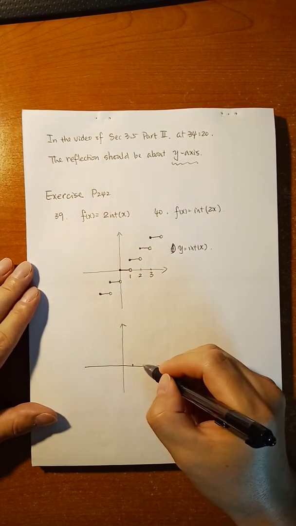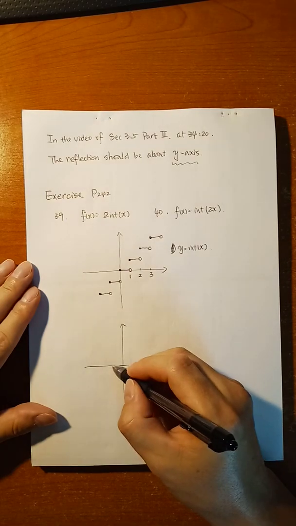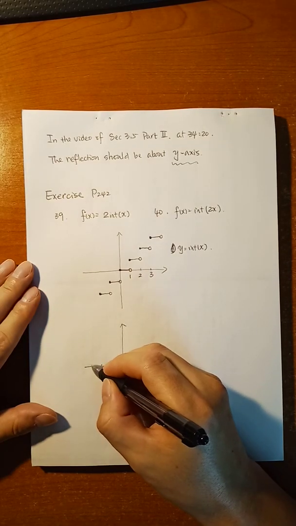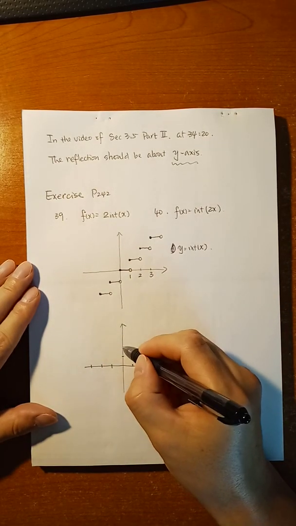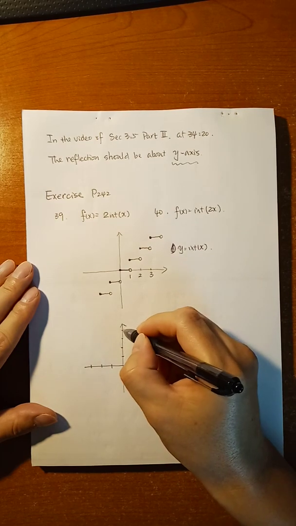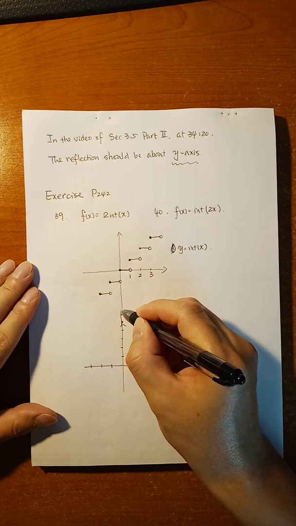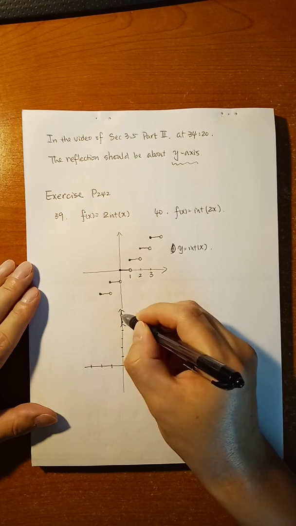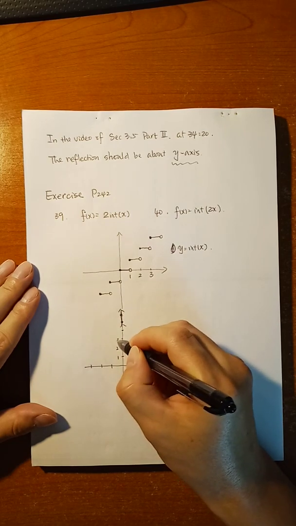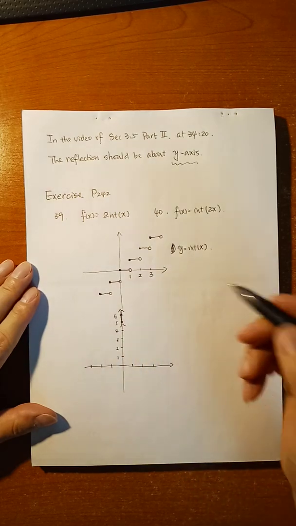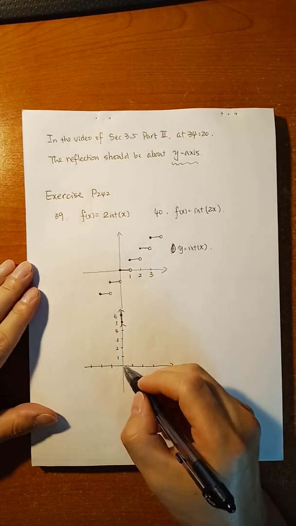You got 1, 2, 3, 4, possibly 5, 6. We need more. Okay. Let's check.